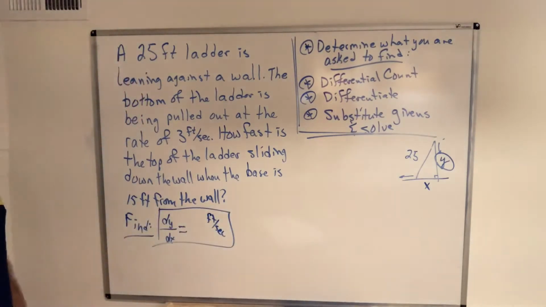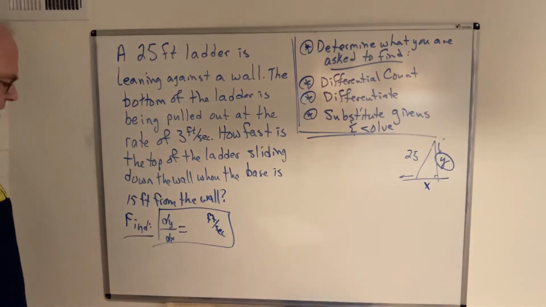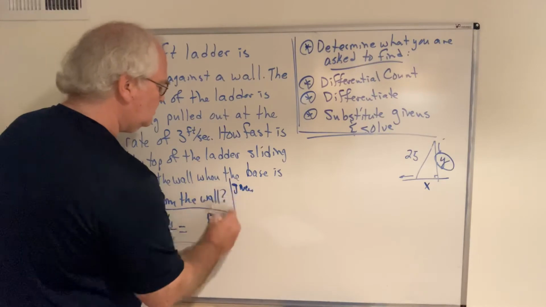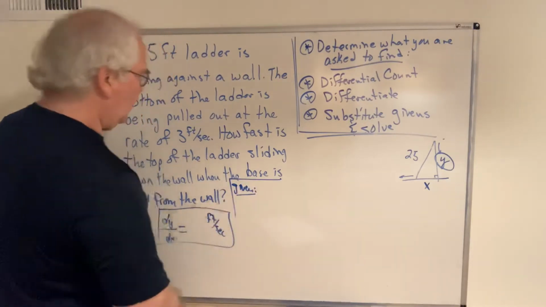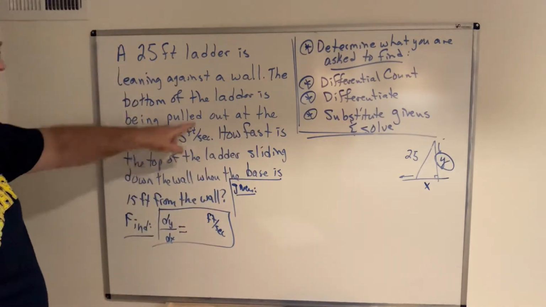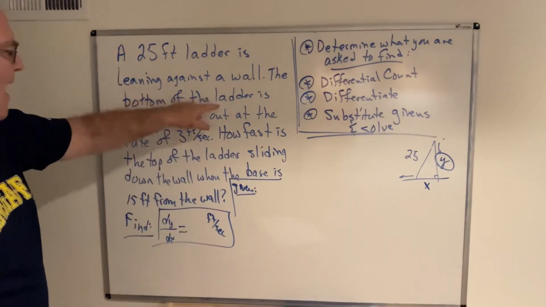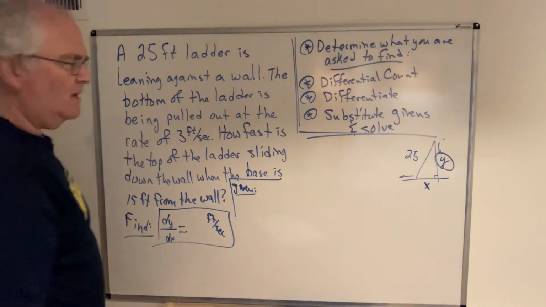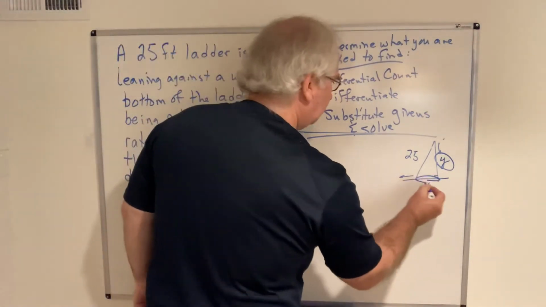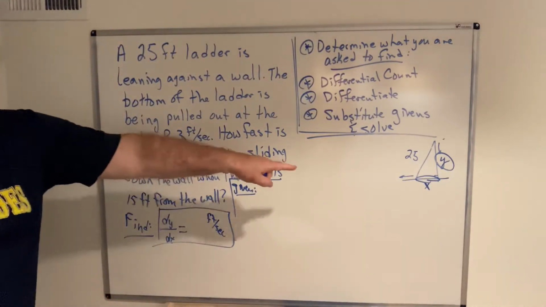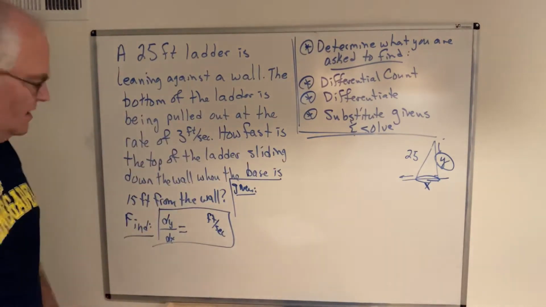All right? Now, what else are we given? We're given some more information. We're given the 25, we already have that in the picture. The bottom of the ladder is being pulled out at 3 feet per second. That means this distance is changing. That distance is changing at 3 feet per second. Is it clear? That's dx/dt.